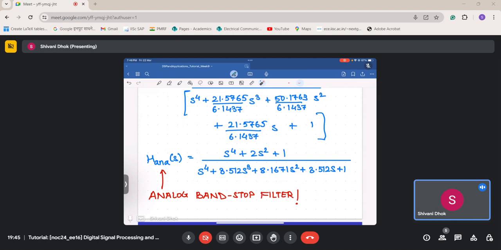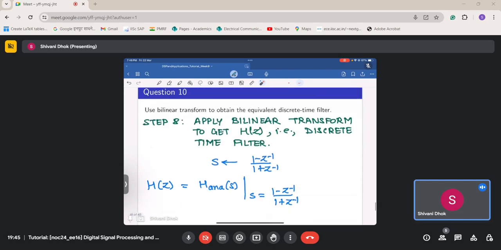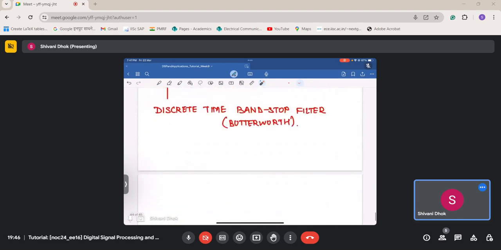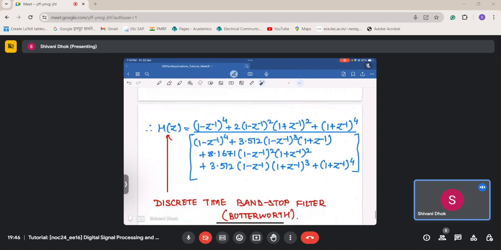So now we at least have a bandstop filter. The only step that remains is to use bilinear transform and get the discrete time filter or the digital filter. And in order to do that, we will use bilinear transform. So we'll get H of Z by setting S equal to 1 minus Z inverse upon 1 plus Z inverse in H analog of S. So after we do that, and after some simplifications, we get a transfer function which can be further simplified in the form of polynomial in Z upon polynomial in Z, or polynomial in Z inverse upon polynomial in Z inverse.